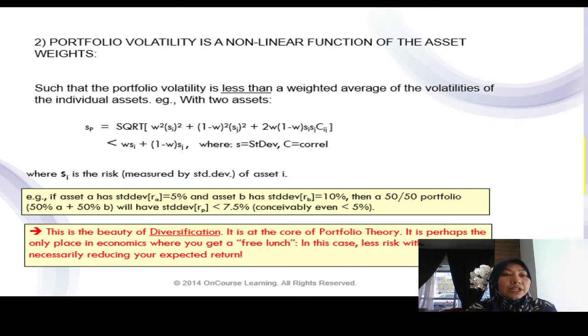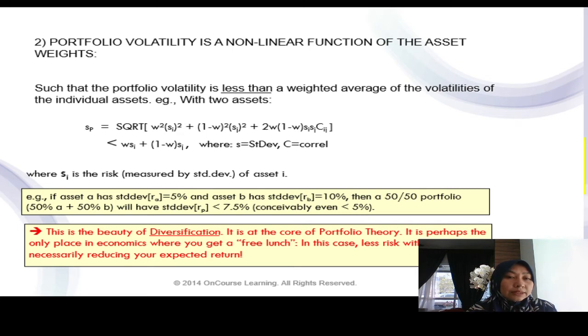For sure, because if we have two types of assets with different levels of risk, the average will be lower than the individual risk.